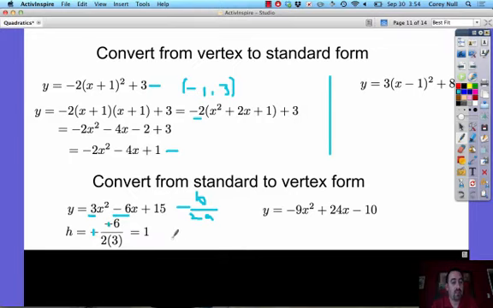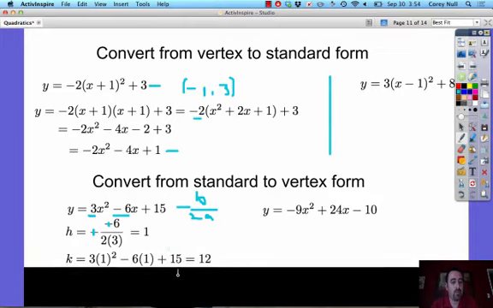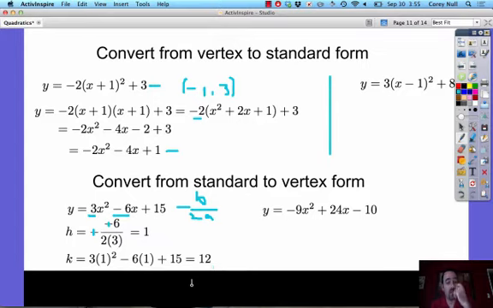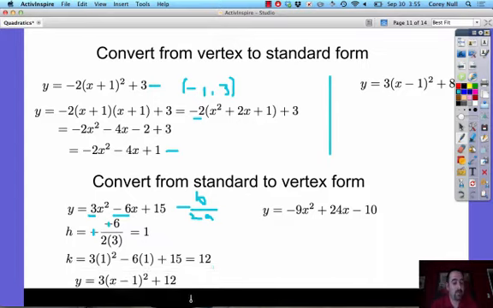So the x coordinate is 1, which means if I plug that x coordinate back into the equation for y, I'm going to get the value for k. So our vertex is at the point (1, 12). Now I can plug into the vertex form and get my new equation.